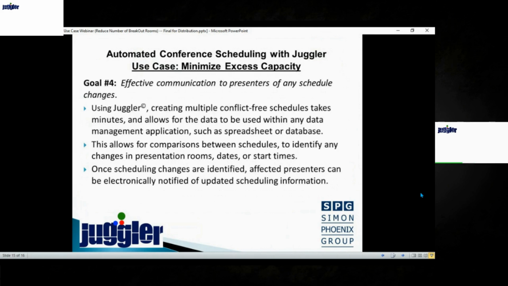So this was basically a case study of how Juggler was used in a real life situation with a real life client. As I said, a conference last July, where with all of the revisions and looking at all of the multiple different schedules, it literally took an hour for Juggler to generate a brand new schedule from the original.